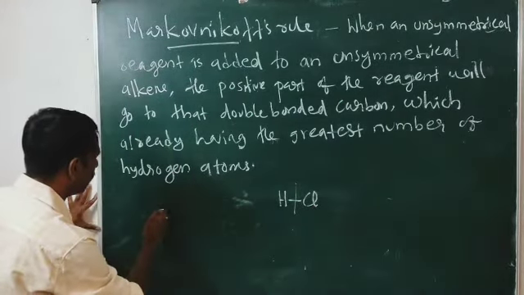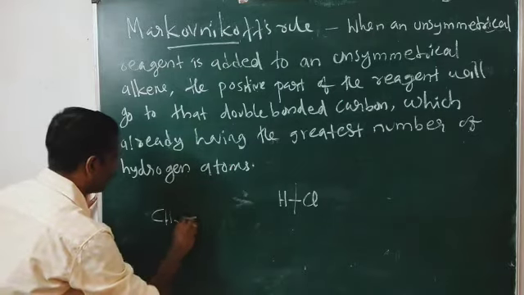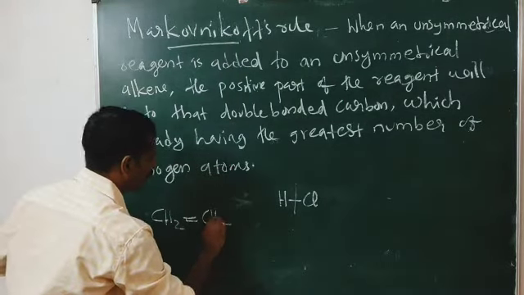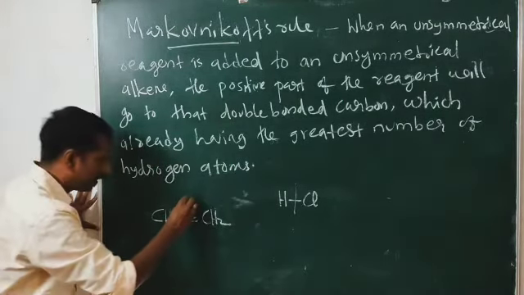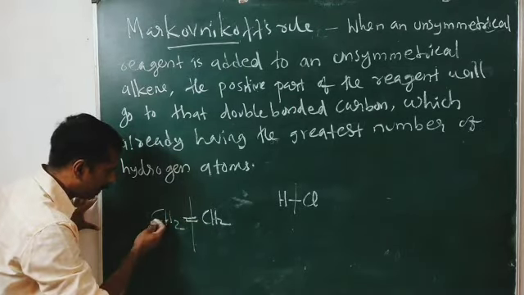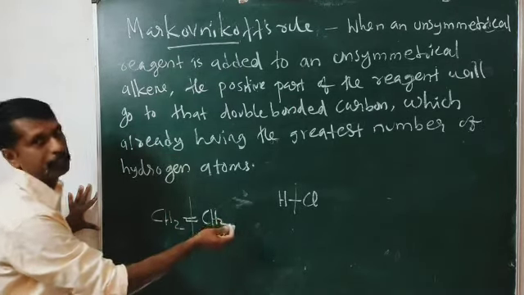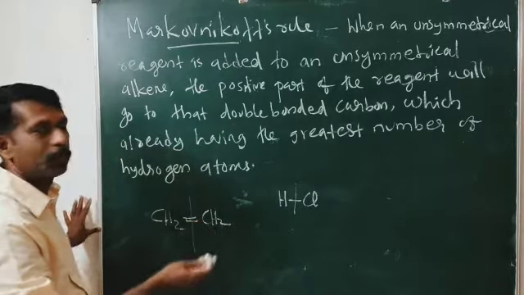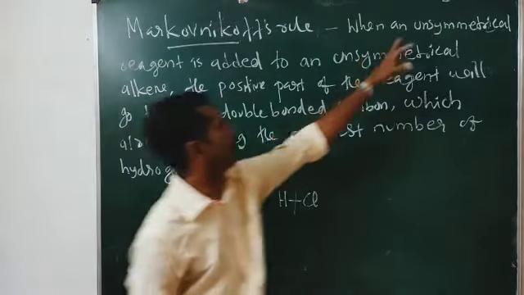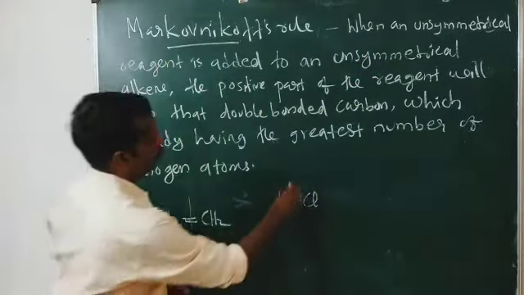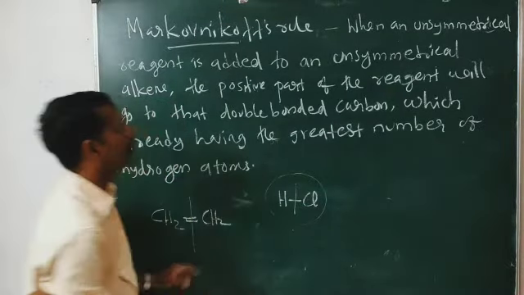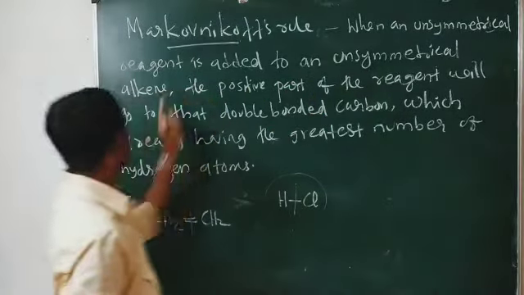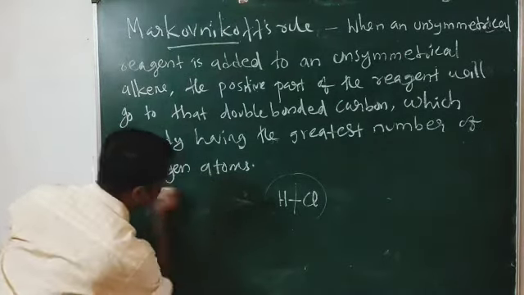What do you mean by unsymmetrical alkene? Suppose we take ethene. This alkene is not unsymmetrical. This is a symmetrical alkene because, look here, left side CH2, right side also CH2. So we need an unsymmetrical reagent, and of course HCl is unsymmetrical, and we need an unsymmetrical alkene.